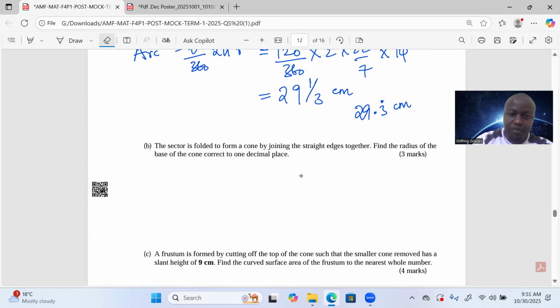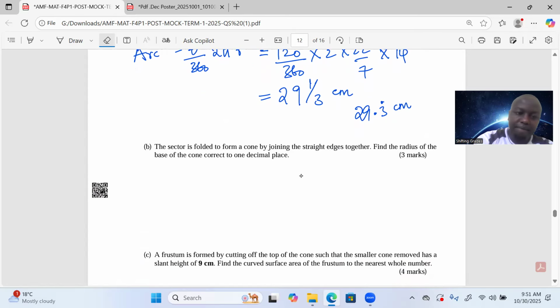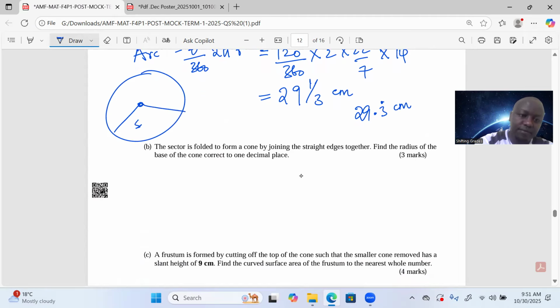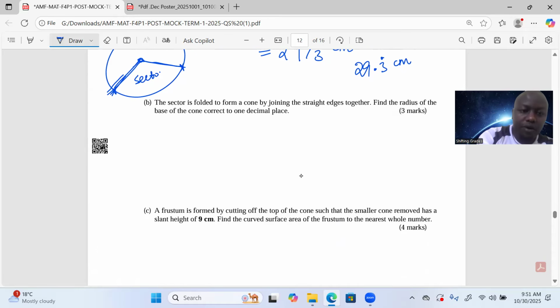But basically what we mean is that when you have a circle here, you obtain a sector from it. This is a sector. Now, when you fold the edges of this sector, this part and this part, when you bring them together, the arc length of the sector becomes the base circumference, because a cone now will look like this.